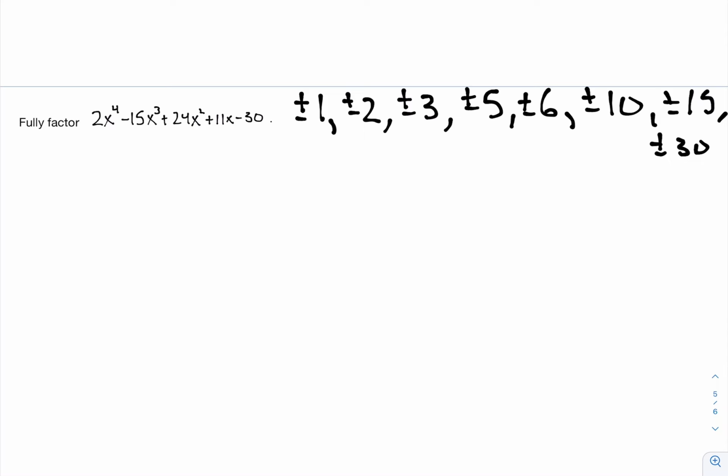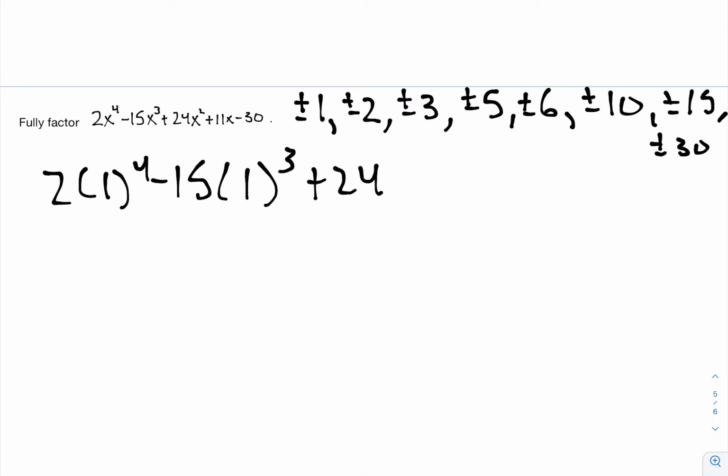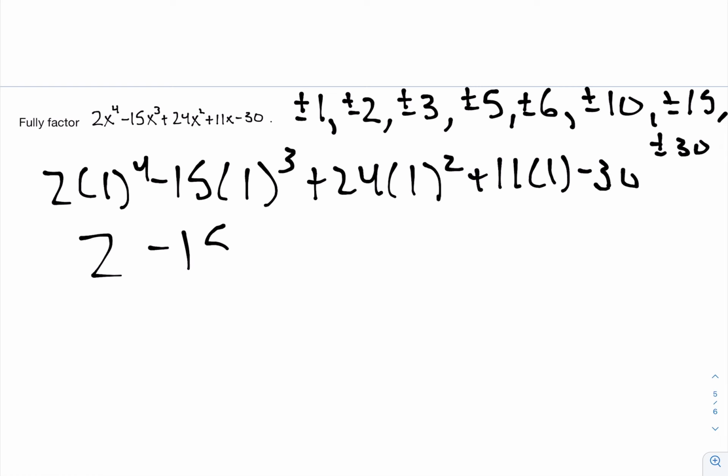If we plug in positive 1 to this expression, we get 2 times 1 to the 4th minus 15 times 1 cubed plus 24 times 1 squared plus 11 times 1 minus 30. I just plugged in 1 wherever I saw x. 2 times 1 to the 4th is 2, minus 15, plus 24, plus 11, minus 30.